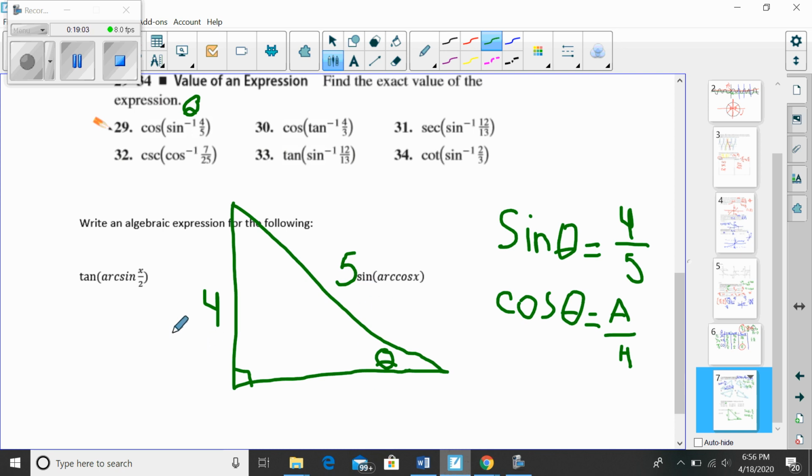Otherwise, you'll be doing 4 squared plus x squared equals 5 squared, and solving for x. I assume people can do that without any problem. But this would be 3. Therefore, the cosine of this angle would equal 3/5. That would be my final answer here.